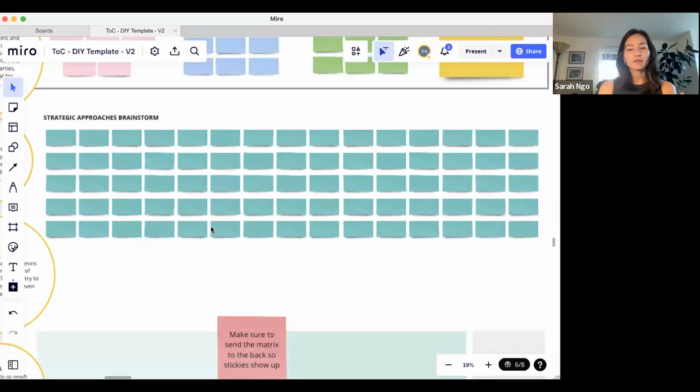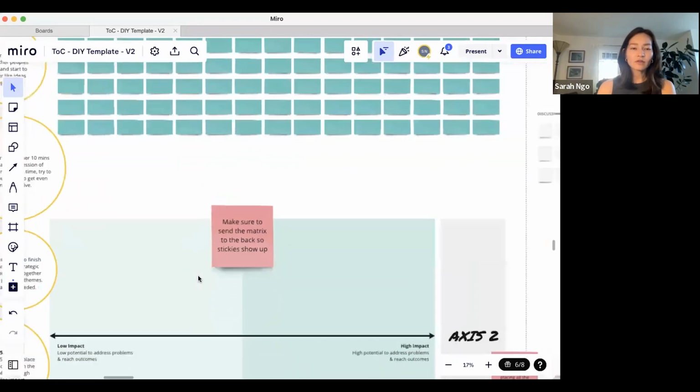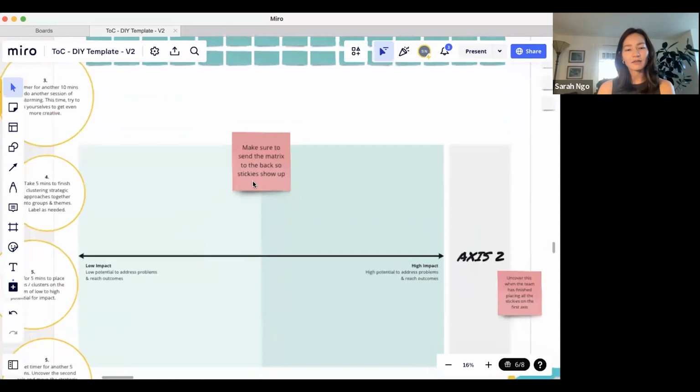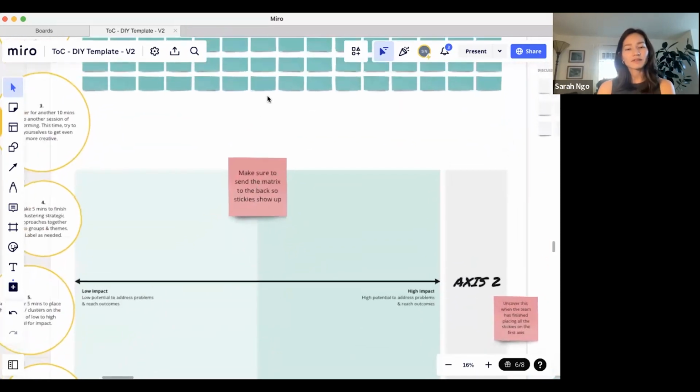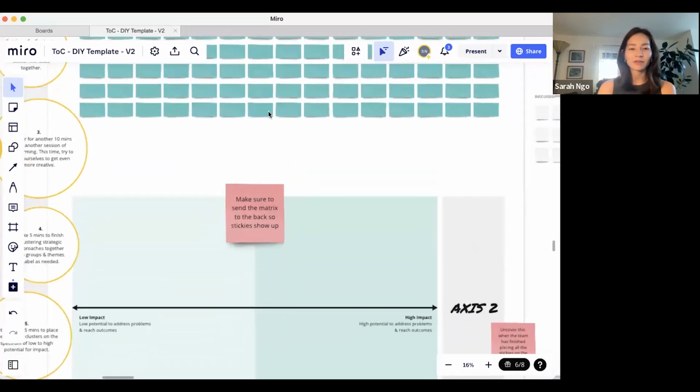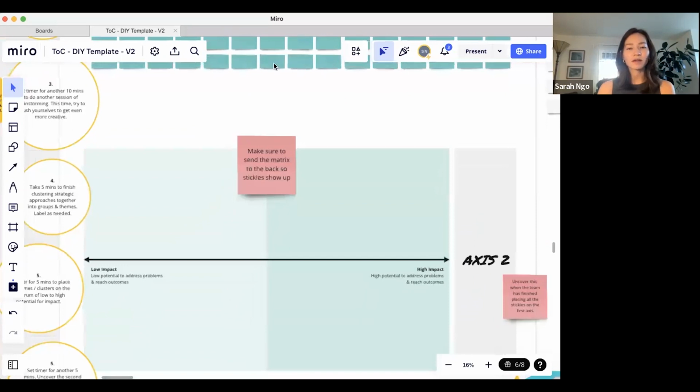That can really help your theory of change represent, at an appropriate level of detail, the work that you're doing. Once you've brainstormed and clustered your strategic approaches into high-level themes, we suggest taking those themes and placing them onto the matrix. You don't need to get every single little sticky note that's been brainstormed onto the matrix, but at least those big, overarching themes.